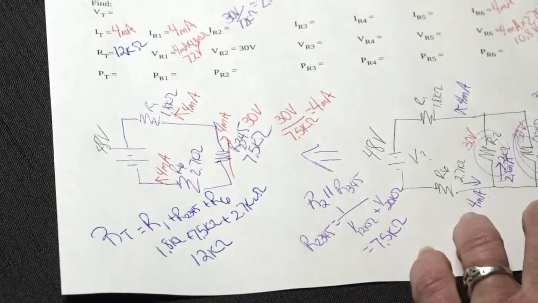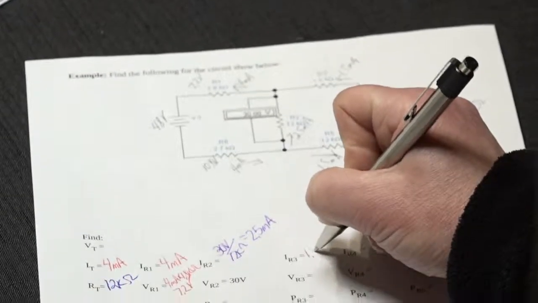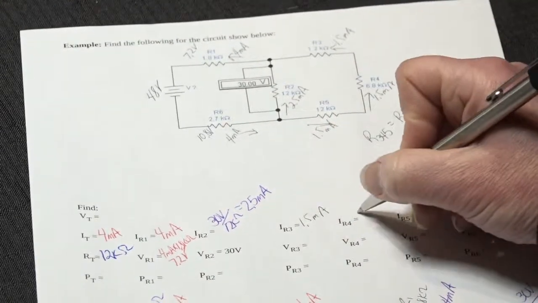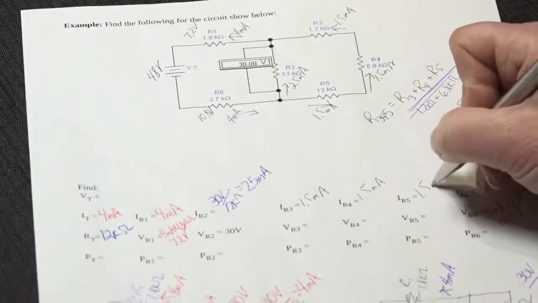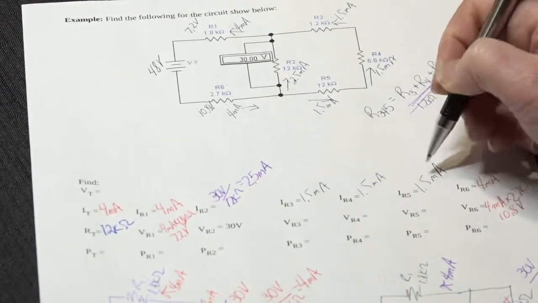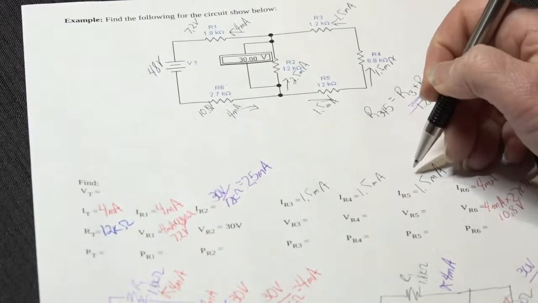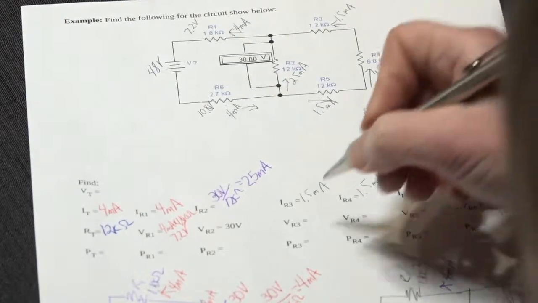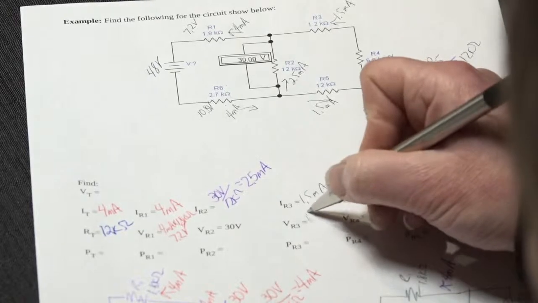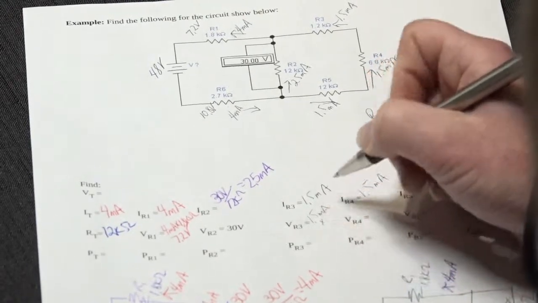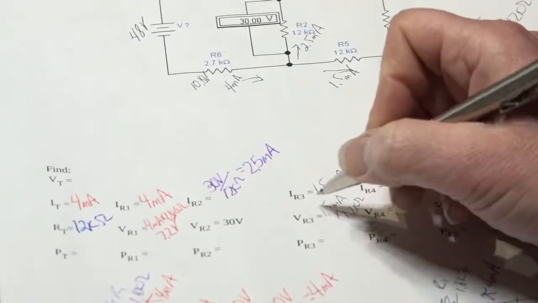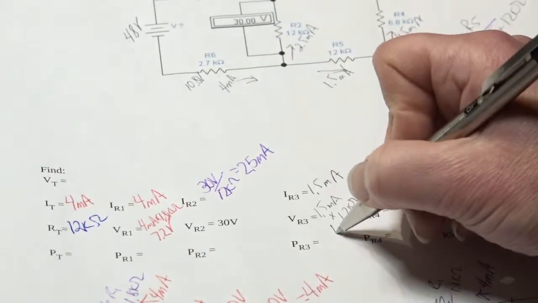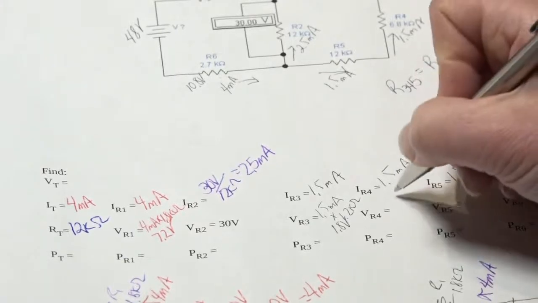Now, then we say, okay, we've got 1.5 milliamps here, 1.5 milliamps here, and 1.5 milliamps here. We then find the individual voltages by applying Ohm's law. So with R3, it's 1.5 milliamps times 1.2 k ohms, which gives us 1.8 volts.